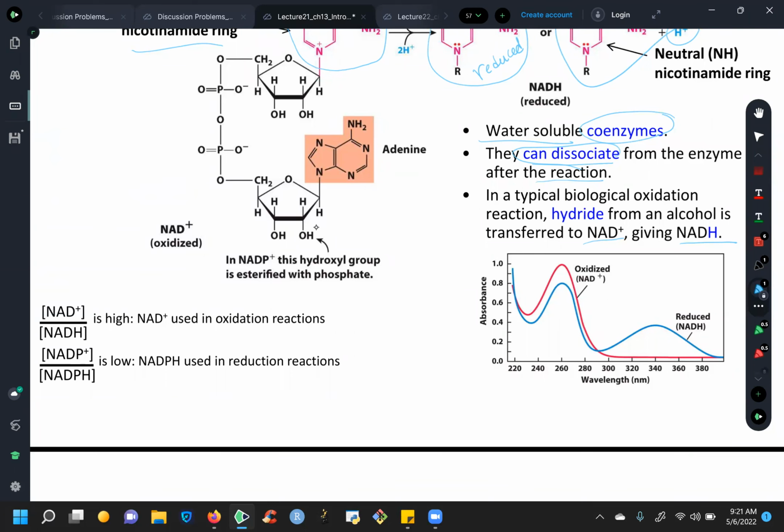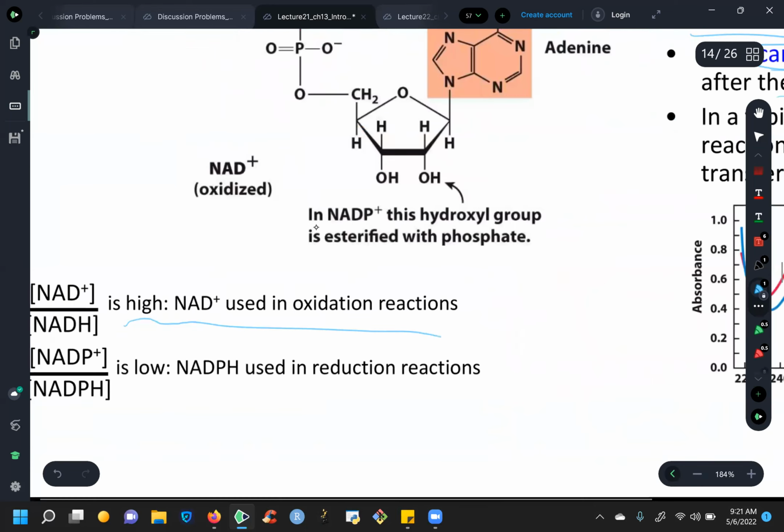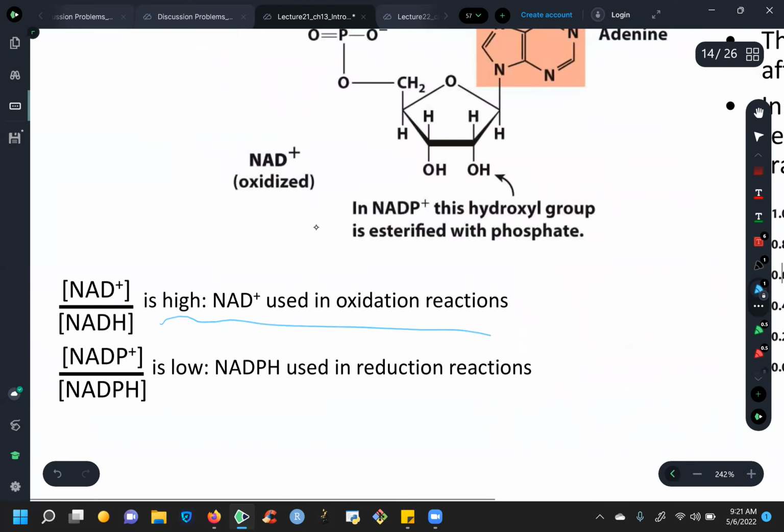What else? Right here, NAD plus to NADH ratio. So the ratio of the oxidized to the reduced version is high. So there's a lot more of the NAD plus.